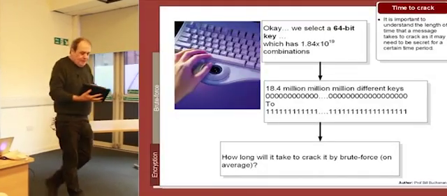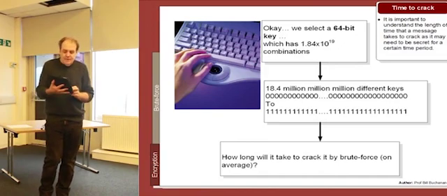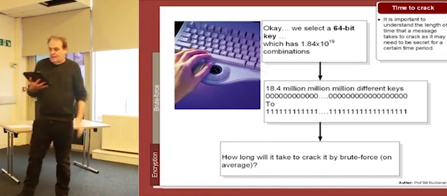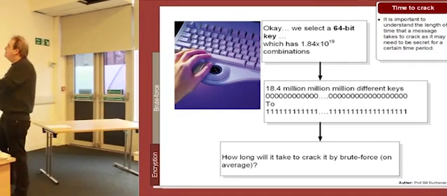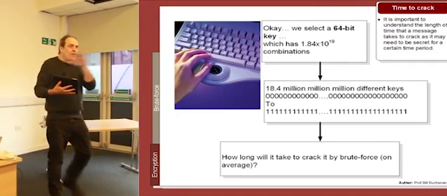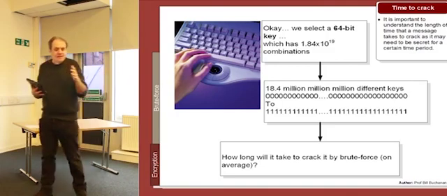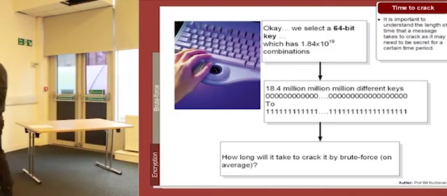So that's where we are just now, and we need to understand the number of keys that we have. So if we take an example here, there's a 64-bit key that we've got. That's 18.4 million million million different keys. It's going to take you a long time to crack that. So even if you're cracking at tera hashes, it's still going to take a long time to do that.